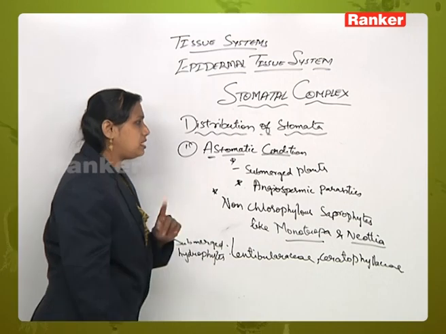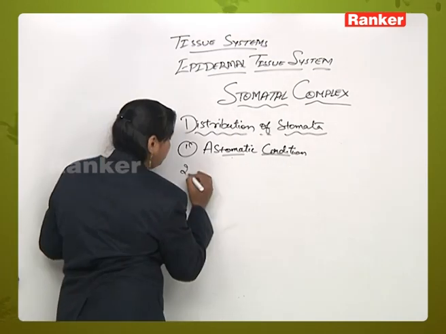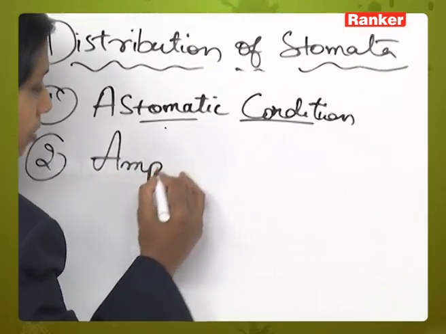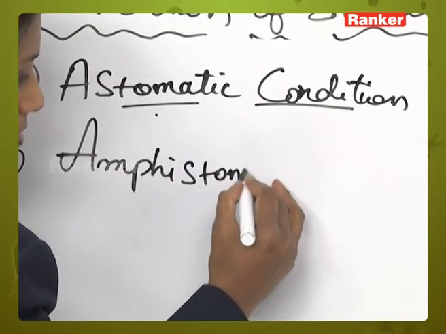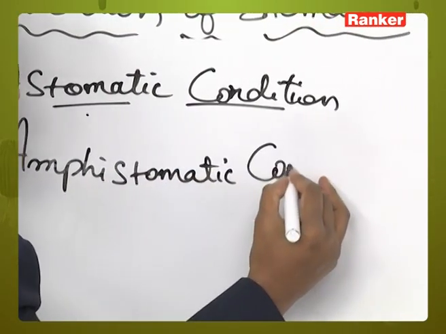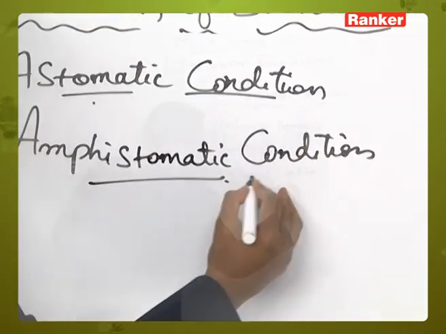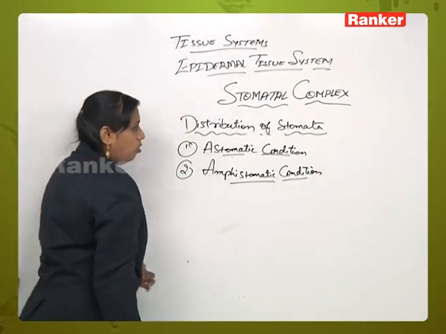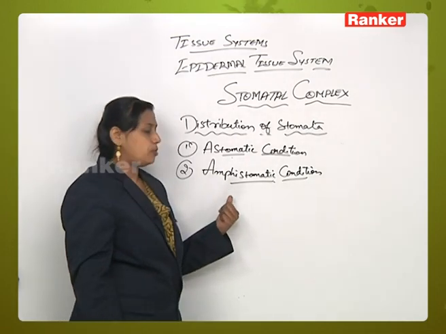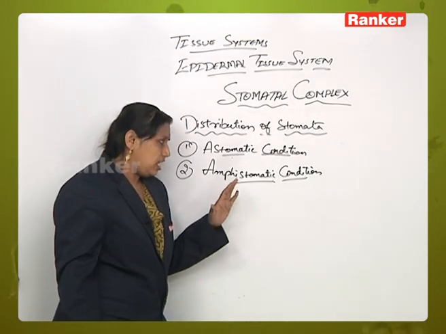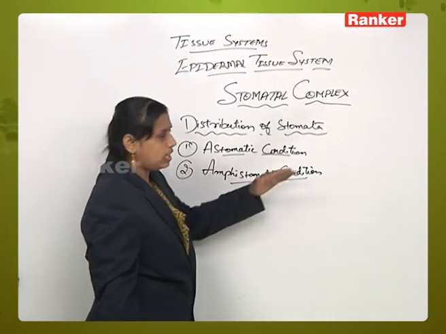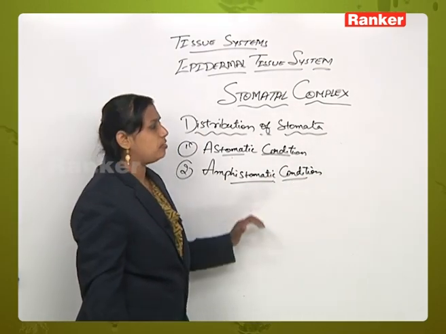Now the second condition is amphistomatic condition. It is a condition where the stomata is present both on the upper epidermis and lower epidermis of the leaves.